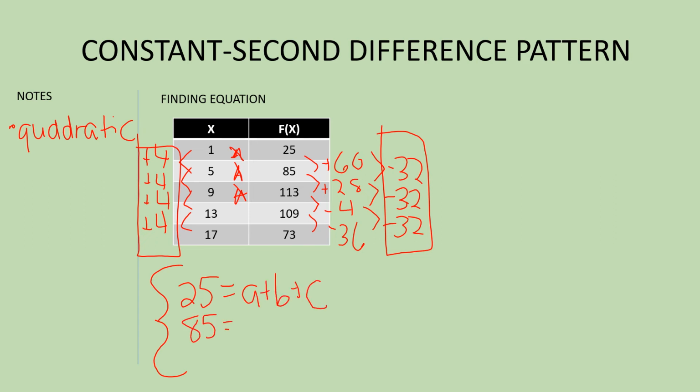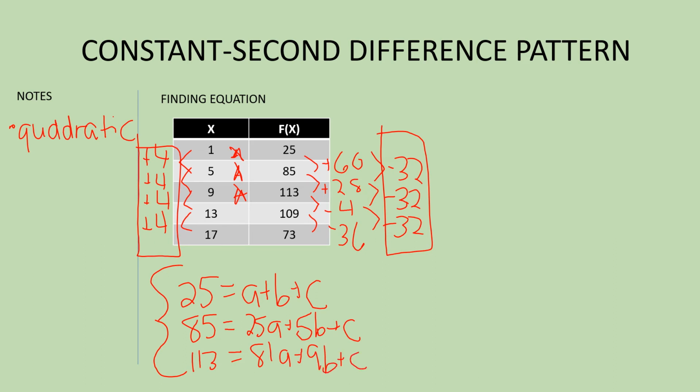85 equals 25a plus 5b plus c. And then 113 equals 81a plus 9b plus c.